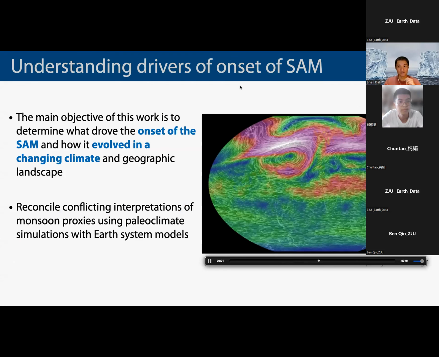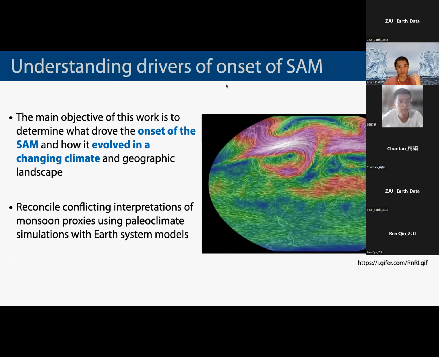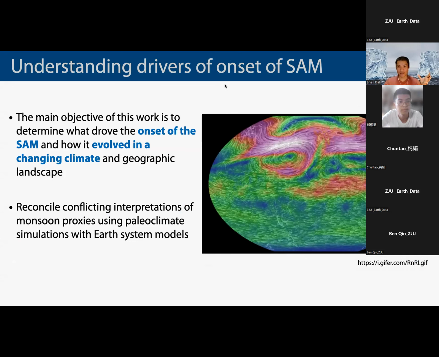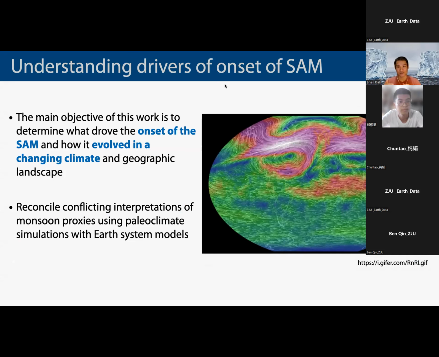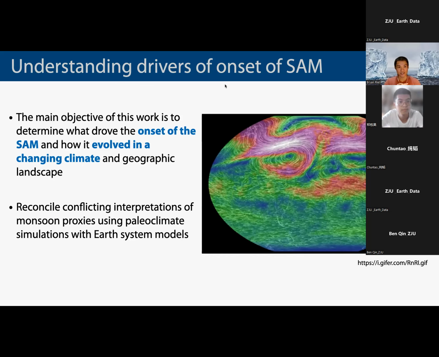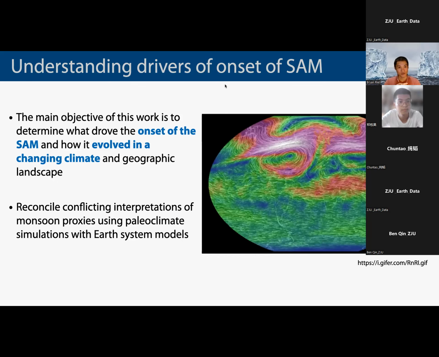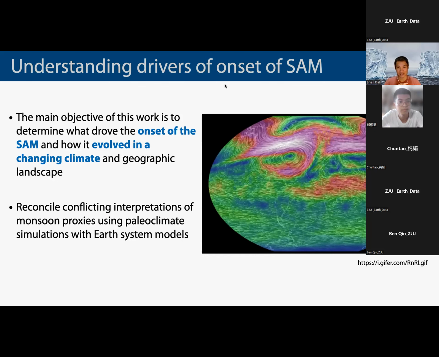But in terms of scientific understanding, the main objective of this work is to determine what drove the onset of the SAM, because it hasn't been around forever. As the continents shift and the topography changes due to collisions of continental plates, the global circulation will change. So the main motivation is to understand how the SAM formed, and how it responded to changing climate and geographic landscapes.